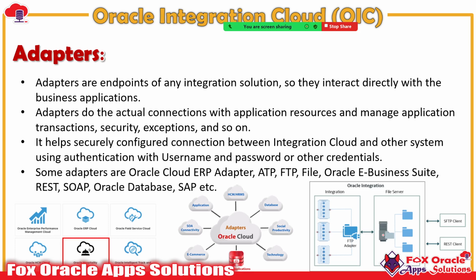That adapter will be identified as a third-party mediator, so that the integration will be aware that we are going to make connectivity with that third-party system. Oracle provided different adapters. Some basic adapters we can consider are Oracle ERP adapters, FTP, ATP, Oracle E-Business Suite, REST adapters, SOAP adapters, Oracle database adapters, and many more.